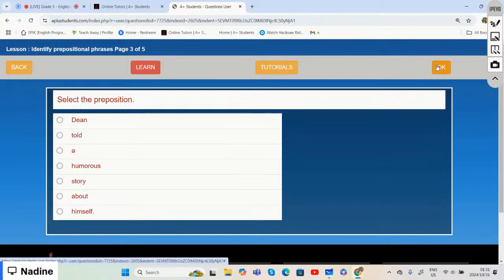The next one says we need to select the preposition within that sentence.